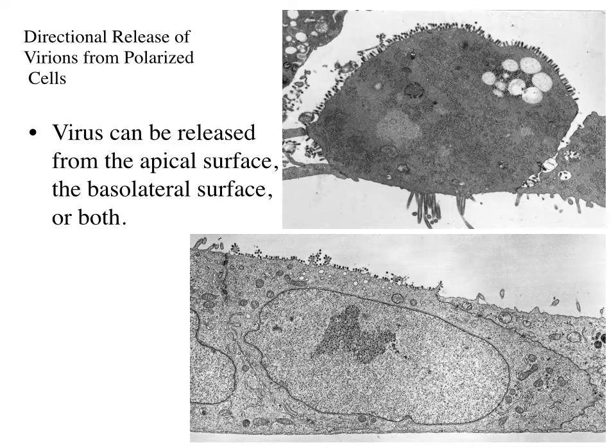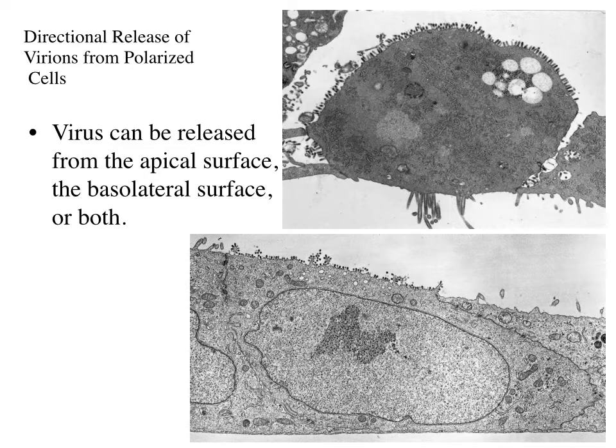Now, the apical surface is the surface of an epithelial cell that will have things like the cilia and the microcilia. It's also where material such as mucus from goblet cells will be released, and so on. The functions of many kinds of epithelial cells are either secretory, meaning they release materials, usually from the apical surface, or they're absorptive.